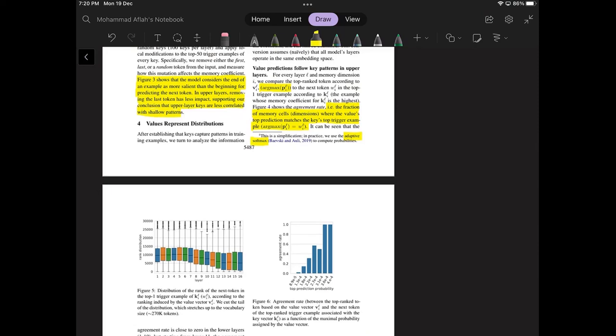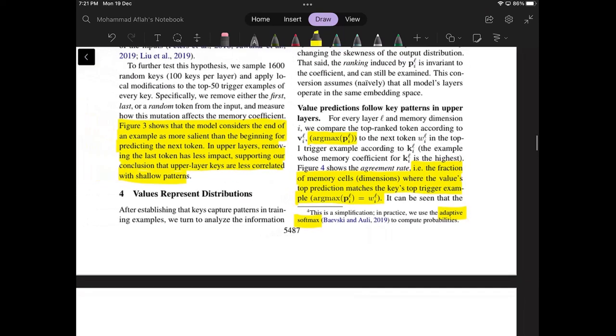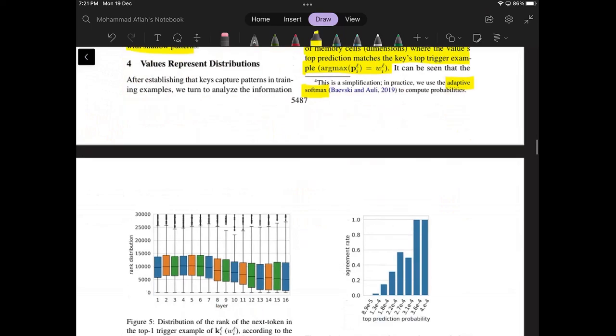So right now, if we look back here, what were we doing here? For each layer L in memory distribution I, we compare the top rank token to the next token in the top one trigger example. So here also we were taking WIL and seeing in how many cases does this match.